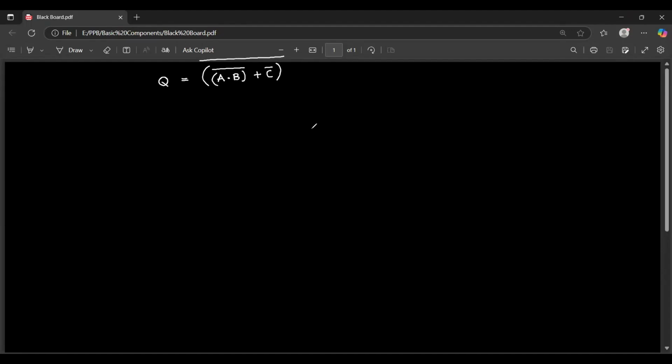So first of all, what does this say? There is a whole thing bar here, which means you can think of it in two ways. A signal is coming and is passed through a NOT gate, or it is passed through a NAND gate, NOR gate, or an XNOR gate.